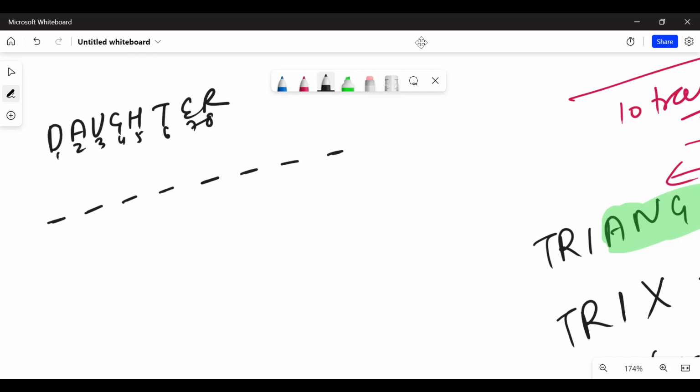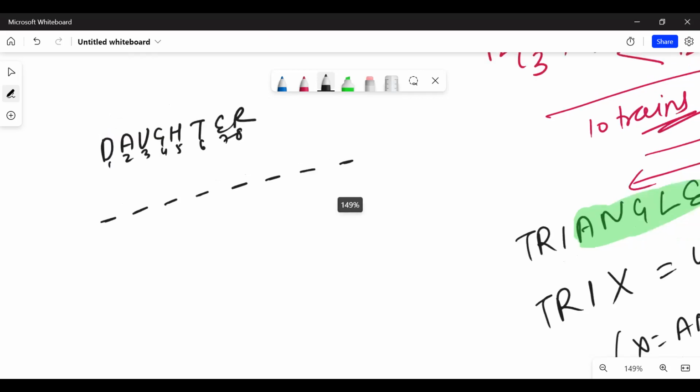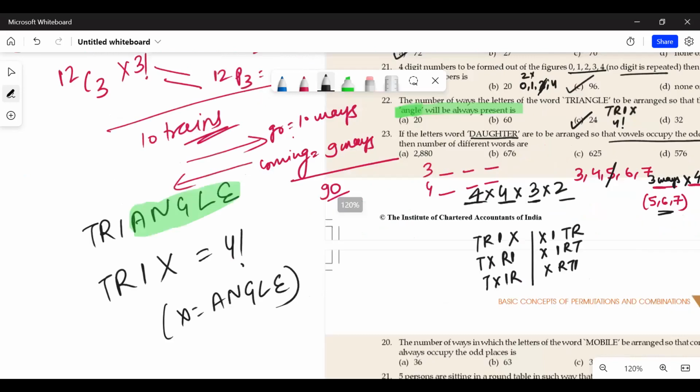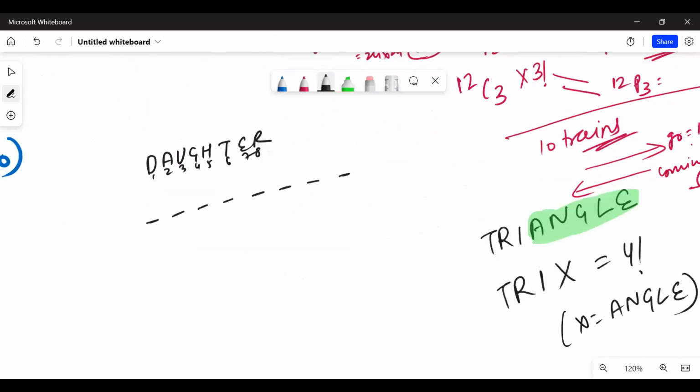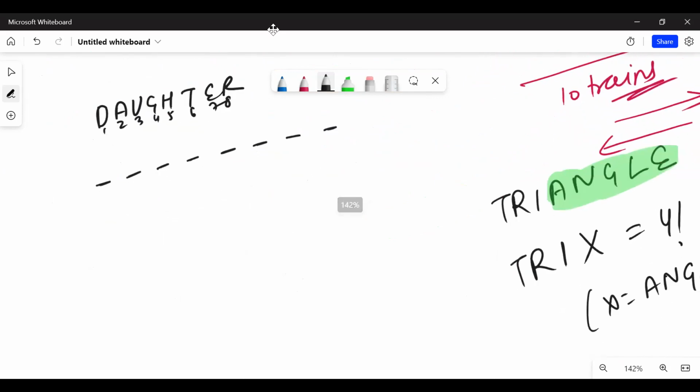See this. What do you want? In the word DAUGHTER, you want vowels at odd places, right? How many odd places are there? 1, 2, 3, 4, 5, 6, 7, 8. 1, 2, 3, 4: 4 odd places are there.